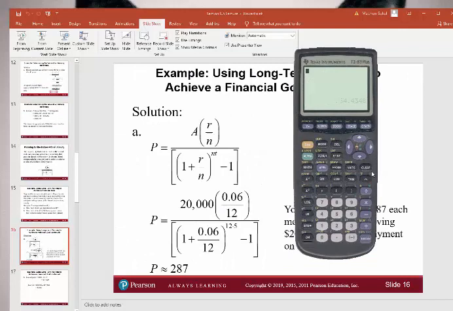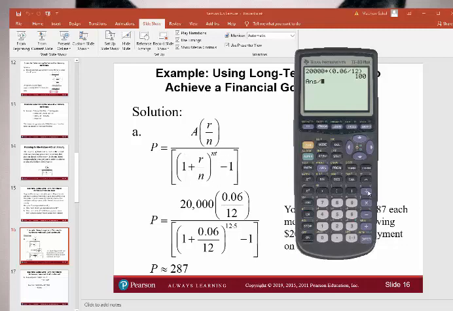How much do I need to deposit? The principal is equal to A, I want to have $20,000, times, in parentheses, the rate divided by N. Well, you're getting 6% divided by 12 for the 12 months of the year. Now you need to divide it by this crazy thing.